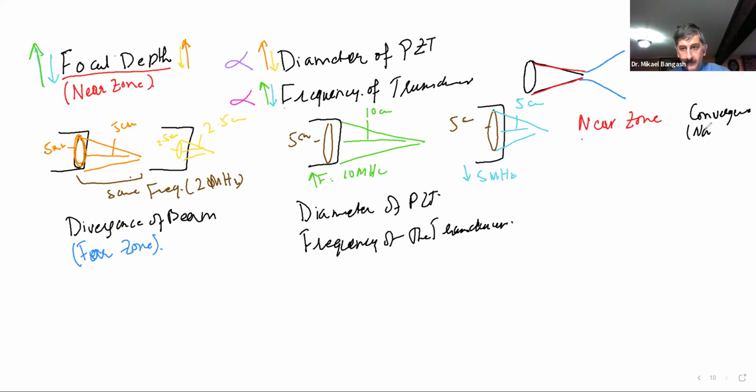If you don't like the word convergence, you can say it's narrowing of the beam. Or let's say focal depth, it's probably easier. Now your focal depth is going to be inversely proportional to the convergence of the beam.